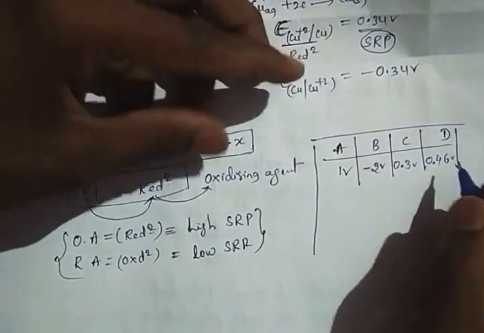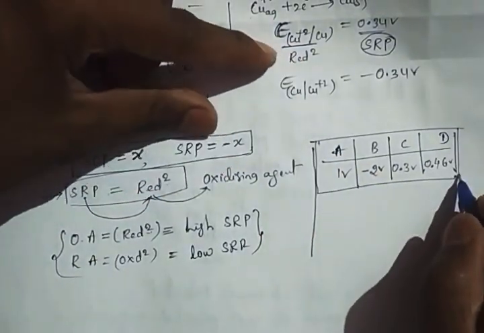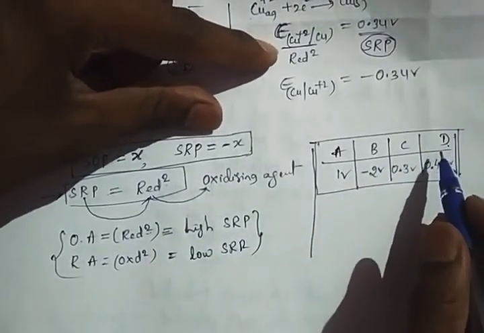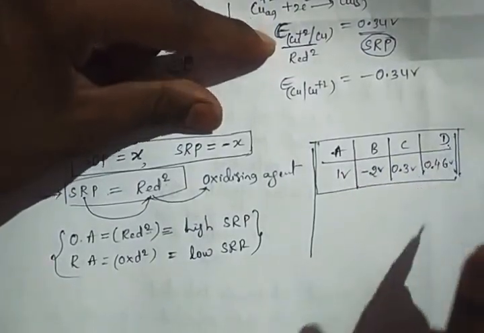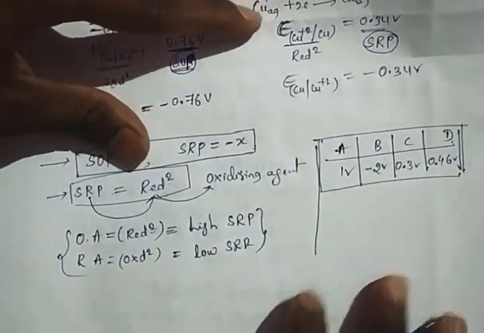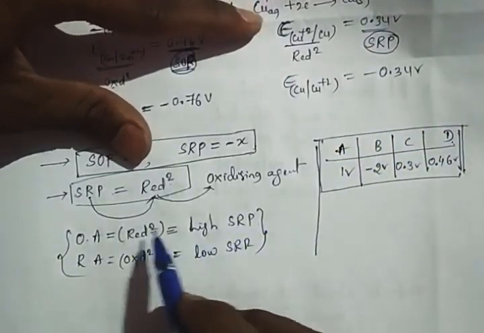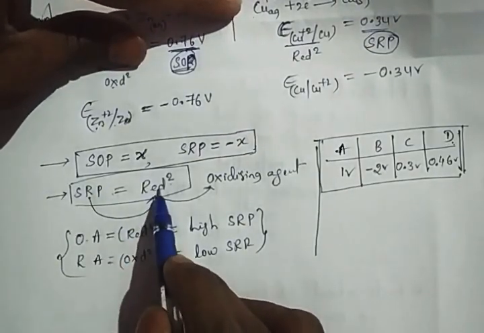Okay, now among these 4 electrodes, can you predict which one is the oxidizing agent? The good oxidizing agent and good reducing agent among these. In order to predict this, it is a very important concept. In order to predict the oxidizing and reducing agent, you need to remember this: higher the SRP, the more it undergoes reduction.